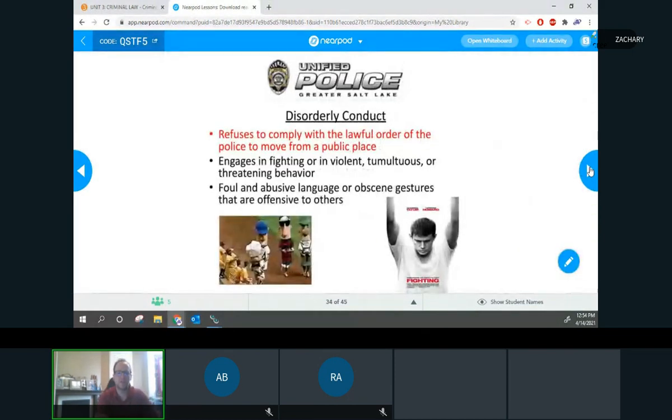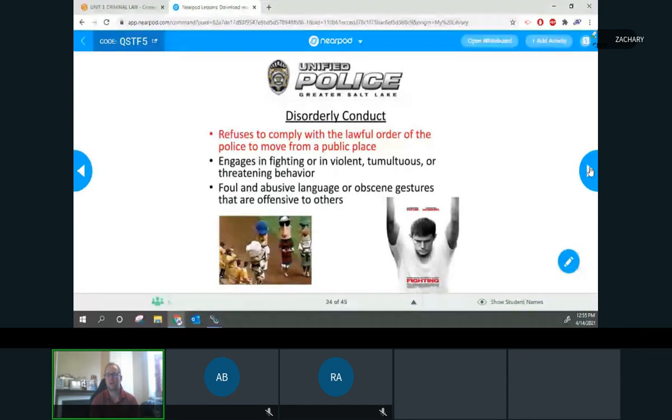Disorderly conduct, refusing to comply with the lawful order of police to move from a public place. We're seeing a lot of this as we're having riots and stuff going on right now. Disorderly conduct seems to be something that is happening quite a bit. It's usually when it starts turning violent.